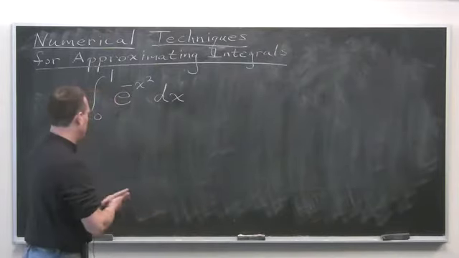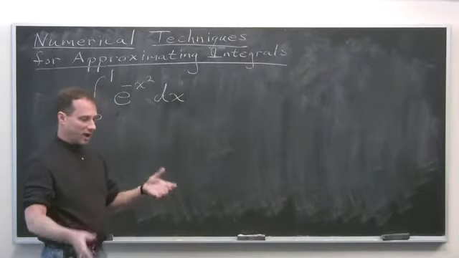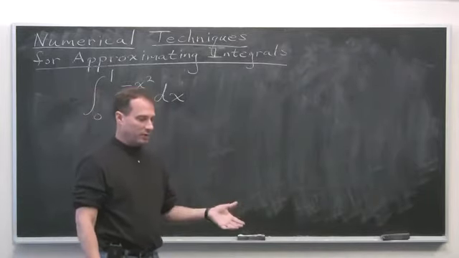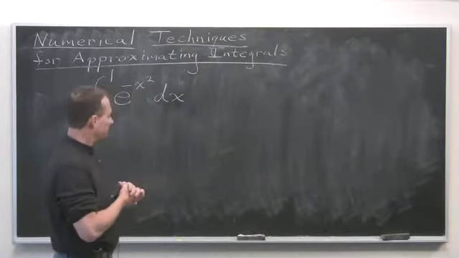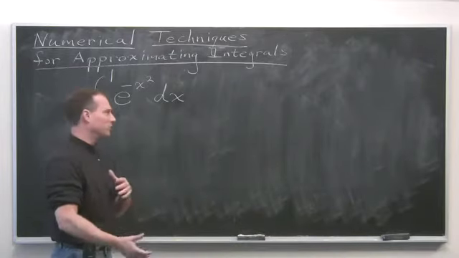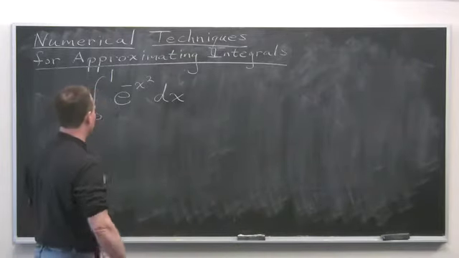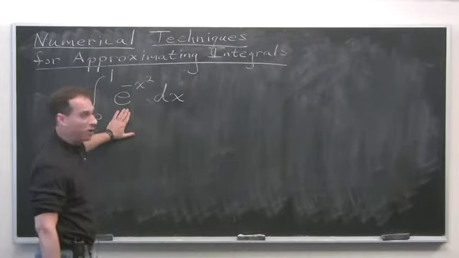There is no nice, finite combination using addition, subtraction, multiplication, and division, and composing functions and extracting roots and sines and cosines. Anyway, there's no nice formula for an antiderivative of this, and yet we'd like to approximate it.